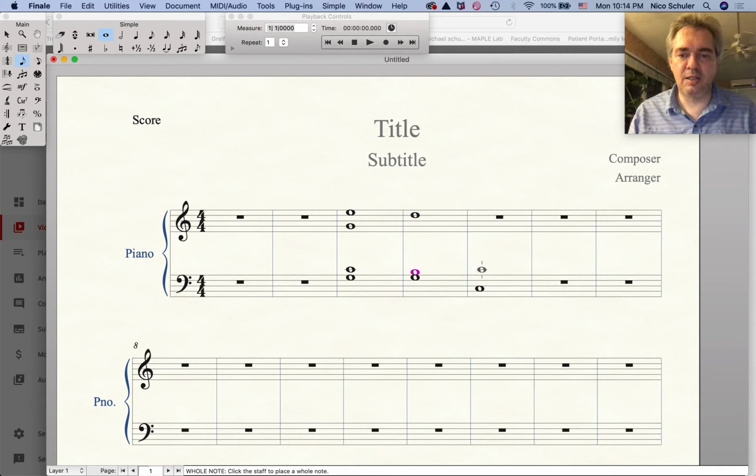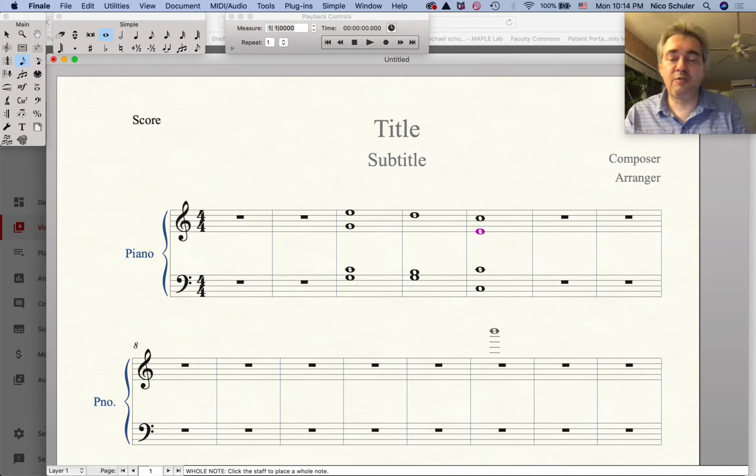And then resolving to C. Now, if that's our final one chord, let's say at the end of the piece, we can actually, oh, I misspelled that. So it's E, of course. So we can omit the 5th of the chord and have 1, 3 and 3 roots.